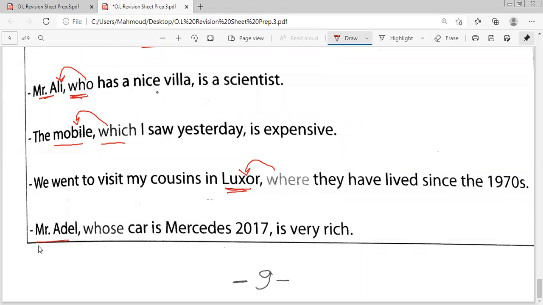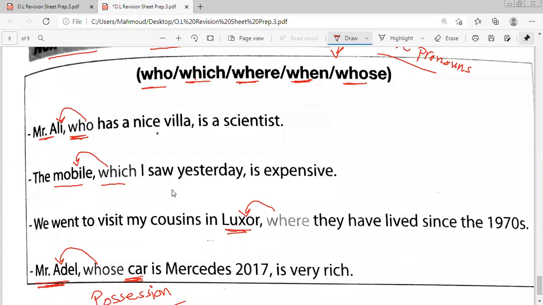Because I'm talking here about his car. So this is called possession. So we will use whose here, because I'm talking about the relationship between Mr. Adel and his car. Okay, this is the possession relationship. So Mr. Adel, whose car is Mercedes 2017, is very rich.